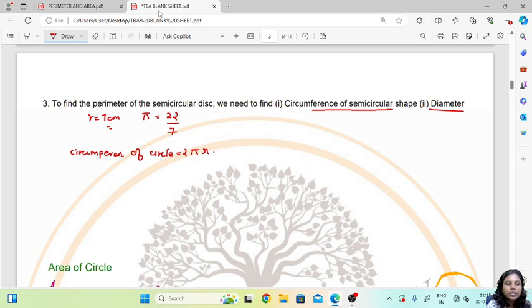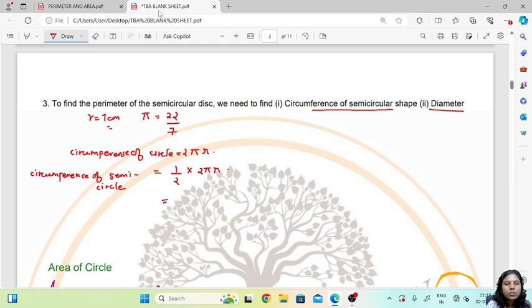Now when we say semicircular, it means we are dividing the circle into two halves. So when we talk about the circumference of a semicircle, we will simply add half into 2 pi r.